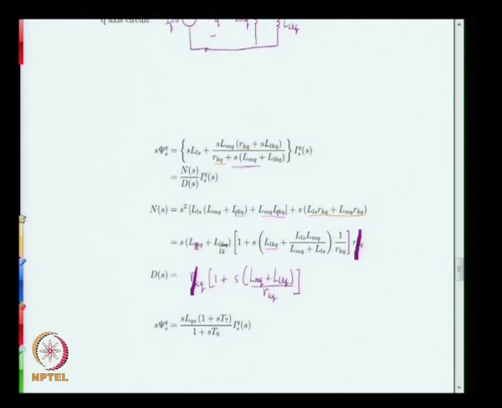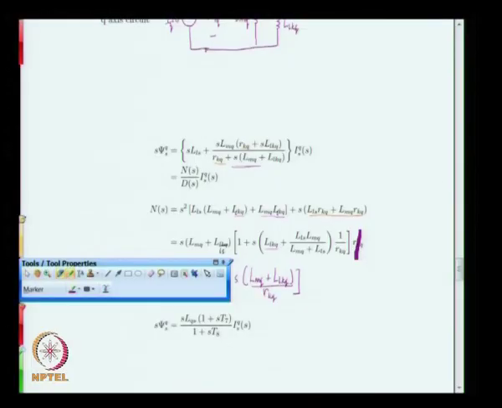Note that the magnetizing inductance plus the leakage inductance is nothing but the quadrature axis self inductance of the stator. So, that is what is there here, 1 plus S T7, here you have another L by R term.